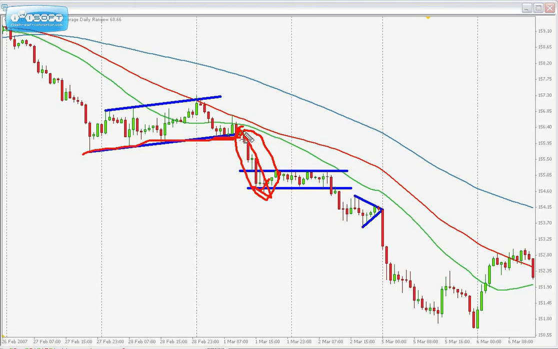Then this swing down ends in another area of congestion. In all fairness, in this part of the chart, we don't quite hit the area of dynamic resistance.